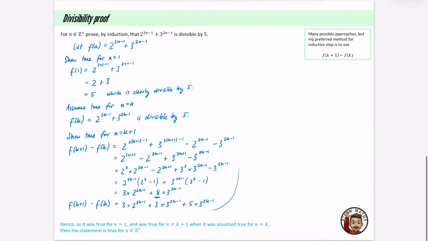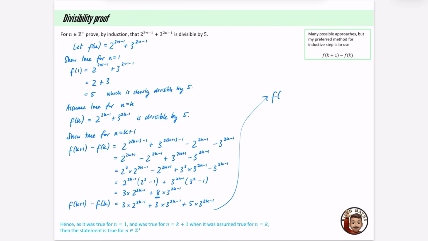And I know I'm going to need some more space, so I'm going to jump up here for this next stage. Now, this thing that we've got written here and here, we have 2 to the power of 2k minus 1, 3 to the power of 2k minus 1. It is the same as f of k, and they've been multiplied by 3. If I really needed to, I could factorize out the 3, and you can clearly see that this thing is 3 lots of f of k.